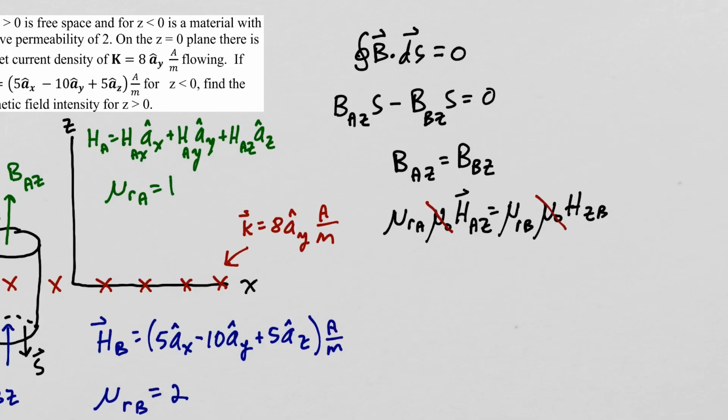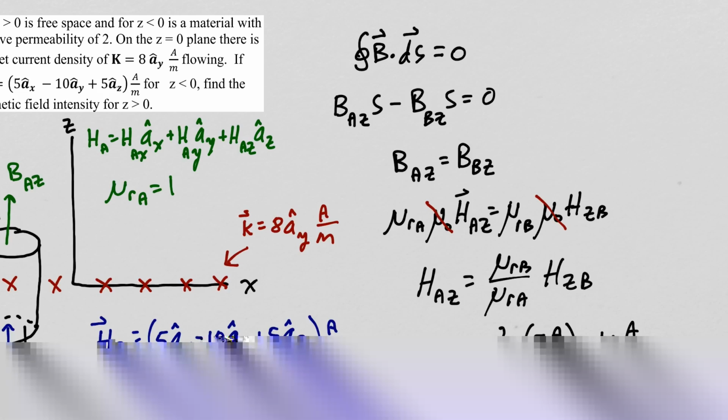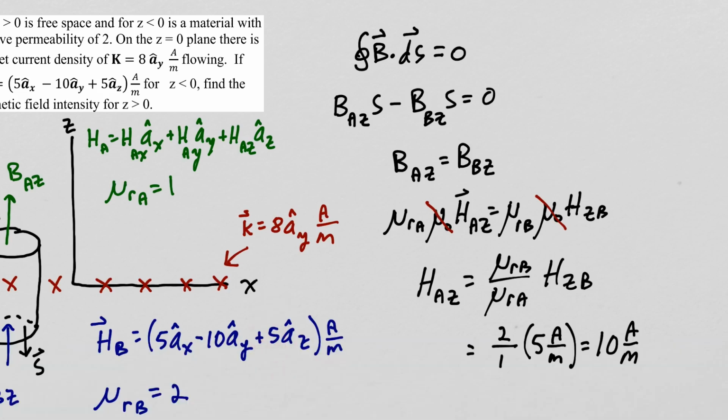And solving for H sub az, we see it's equal to mu sub Rb over mu sub Ra times H sub Zb. So substituting 2 for mu sub Rb and 1 for mu sub Ra and 5 for H sub Zb, we see that H sub az is equal to 10 amps per meter.